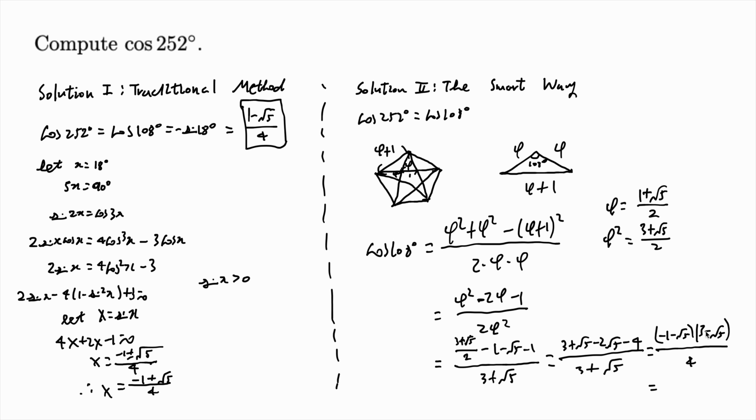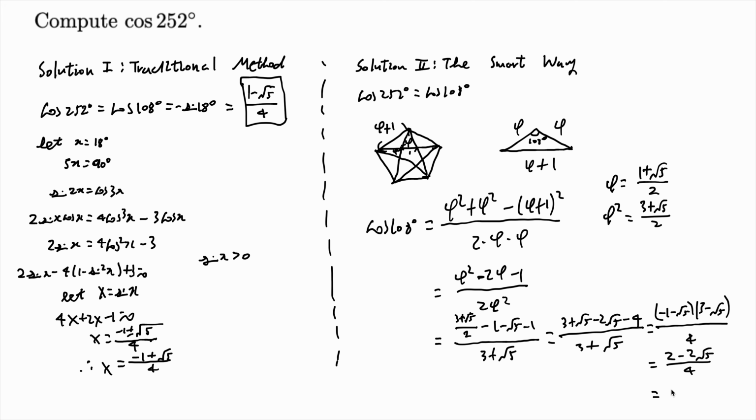Completing, we have negative 3 and 5, which is 2, and we have 1, so 2 minus root 5 minus 2 root 5 over 4, and thus our answer is 1 minus root 5 over 2.